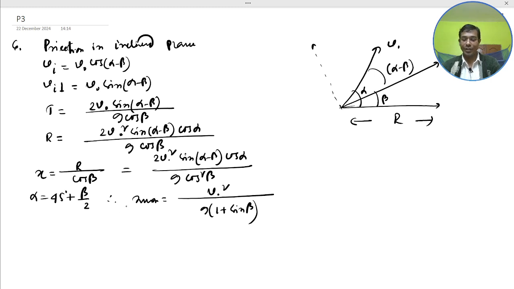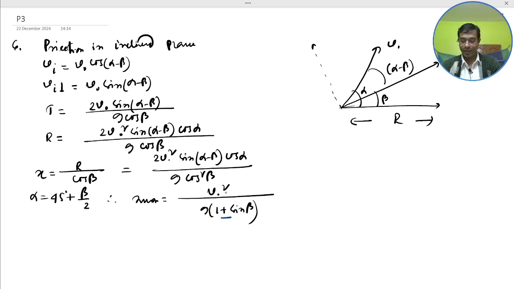So another one is the projection on inclined plane. All the approaches are the same, but here one thing is that there are two cases.